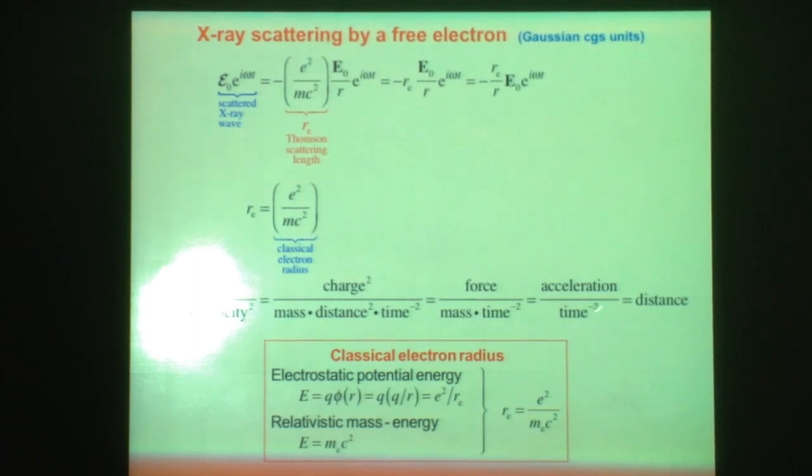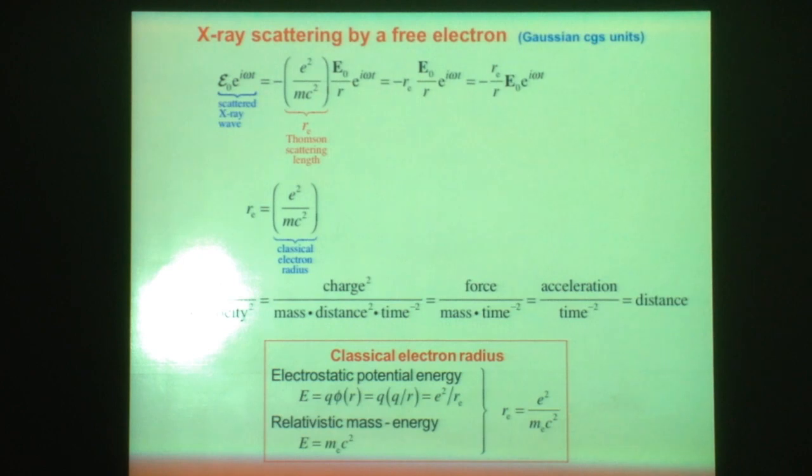That's an acceleration divided by the inverse square of time, which is a distance. So this collection of constants has the dimension of distance and has come to be called, almost from the very beginning, the classical electron radius, the radius of the classical electron.